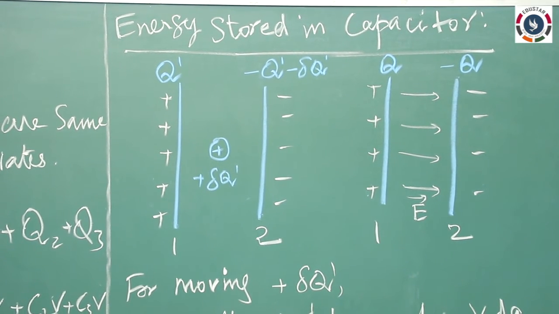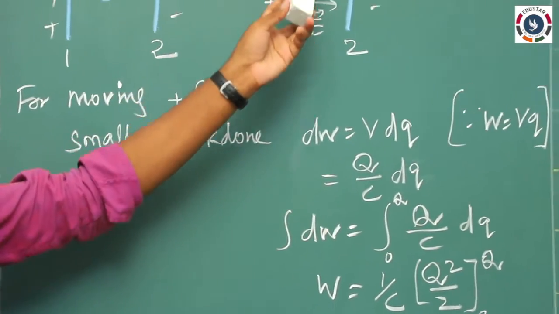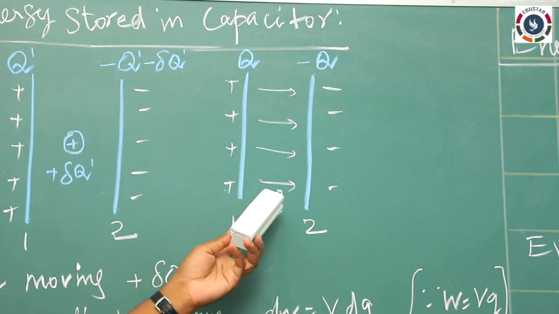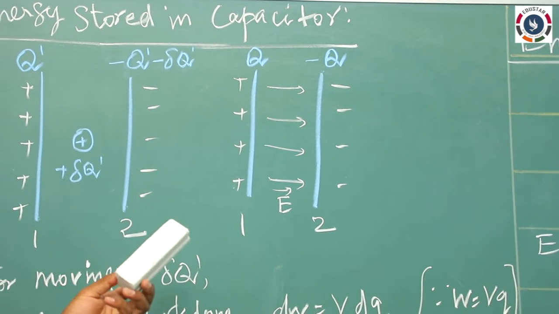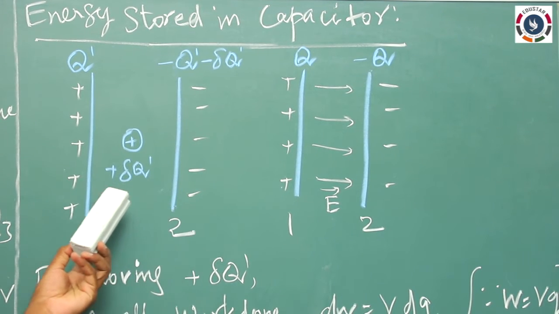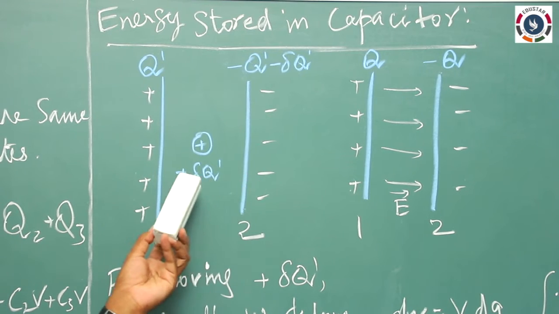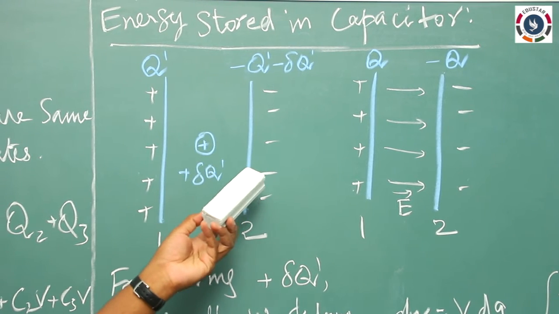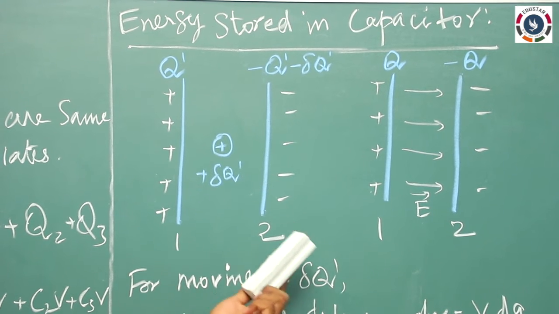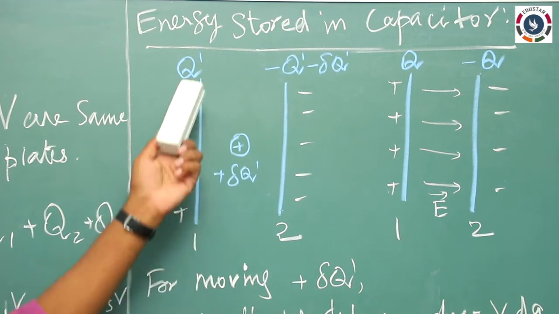Initially both are uncharged, and after charging the plates will have charges Q and minus Q. To obtain this we have to move the charges from conductor 2 to conductor 1 bit by bit, increasingly adding small charges from conductor 2 to conductor 1. For that we have to do work, which is to be calculated here. That is called the energy.